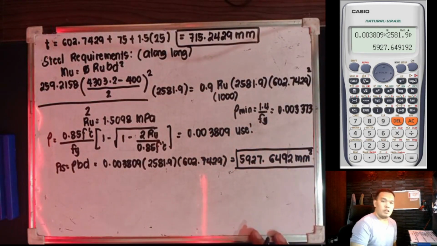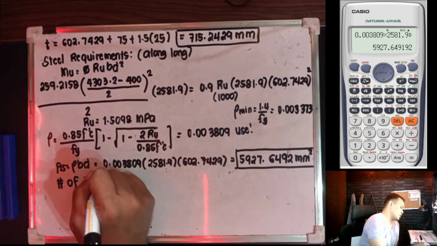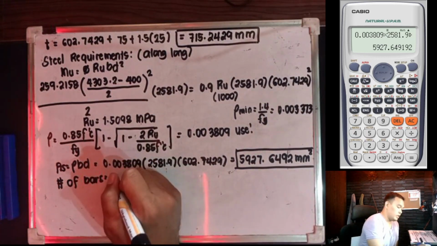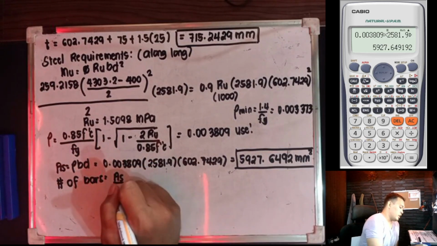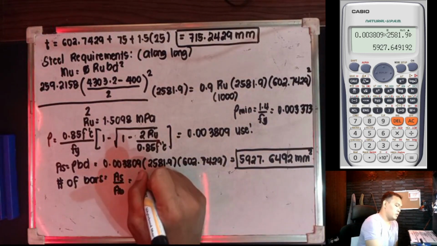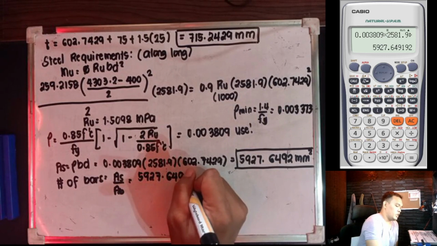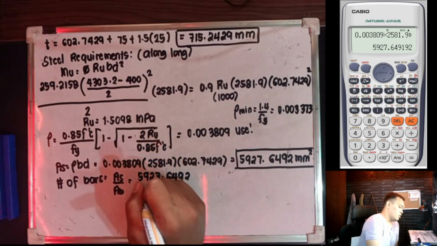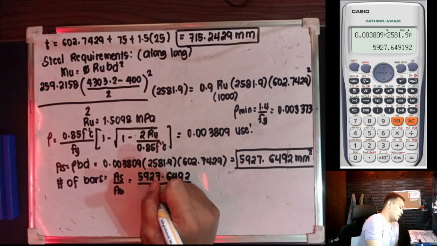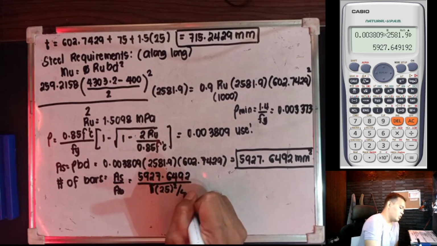Okay. Then after we get AS, we have the number of bars, which is equivalent to AS over area of bar. So we have here AS, which is 5,927.6492, all over pi times 25 squared all over 4.